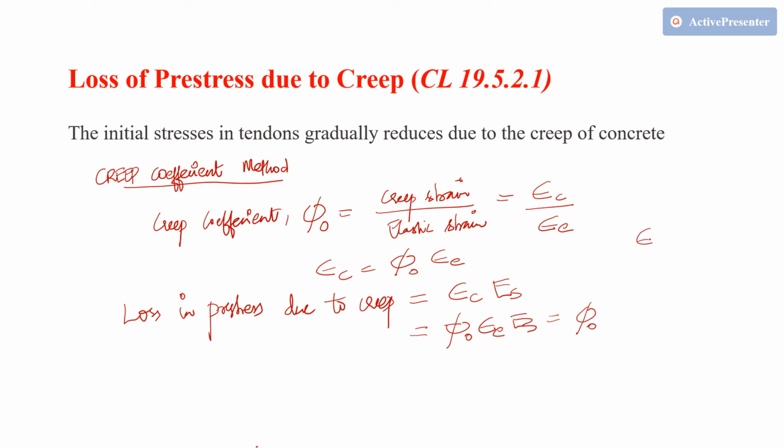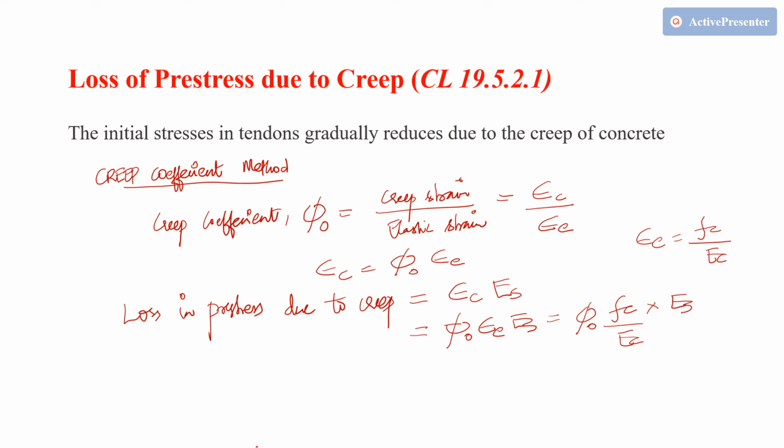Epsilon e, that is the elastic strain in concrete, I can write as stress by Young's modulus of concrete, that is Fc by Ec, into Es.